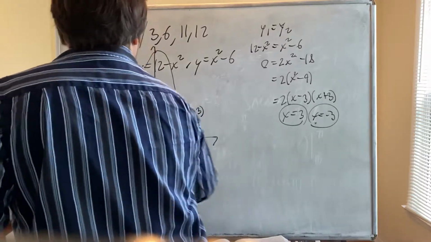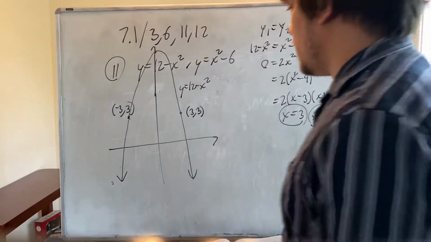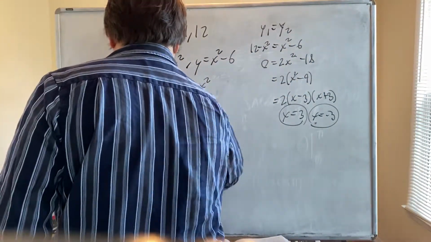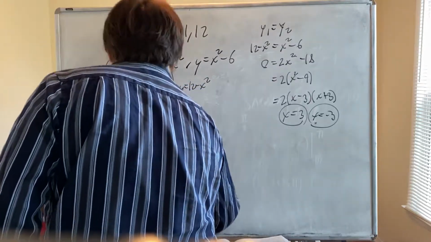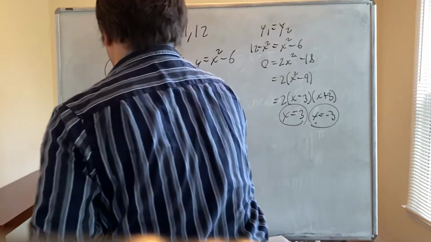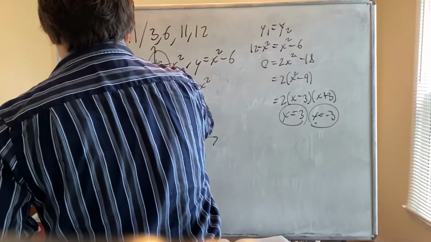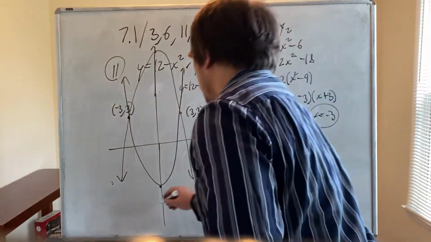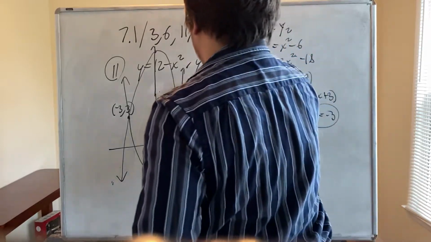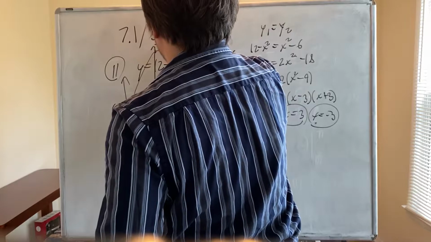That's the graph of y equals 12 minus x squared. x squared minus 6, I'm going to have going up like that. And this is y equals x squared minus 6. And I'm going to write this over here, y equals 12 minus x squared.